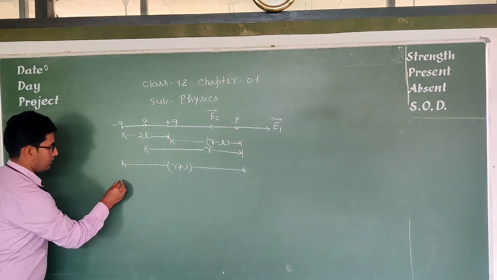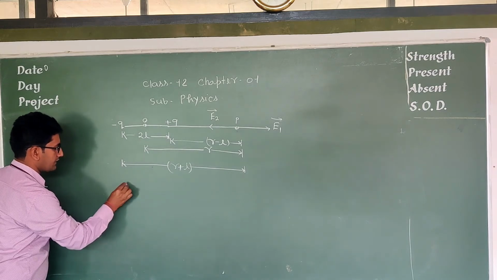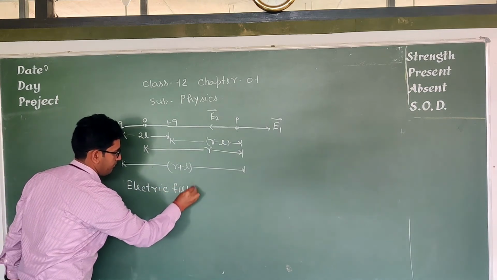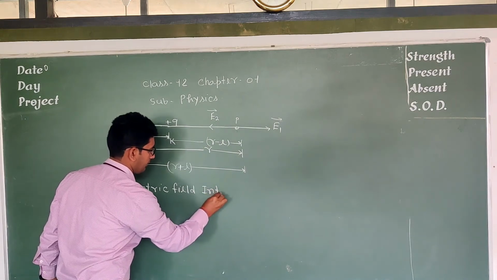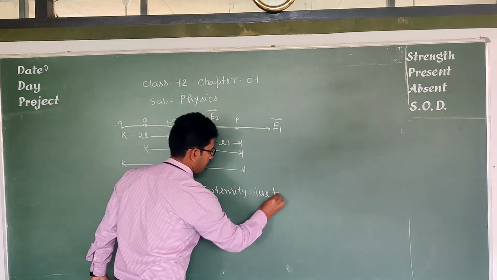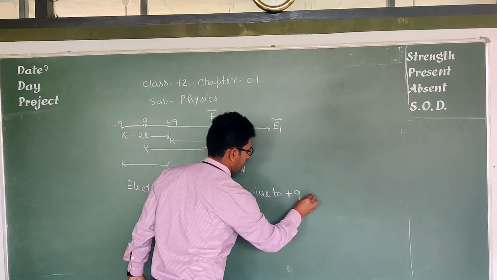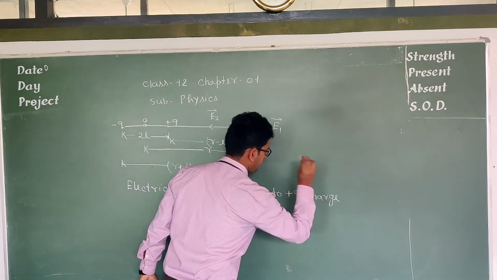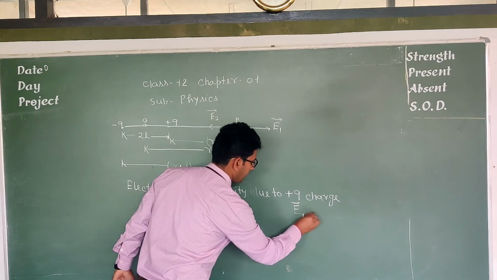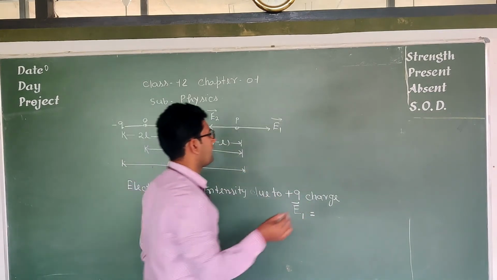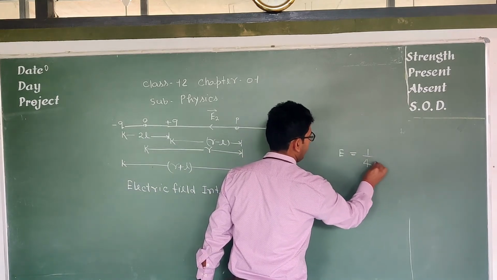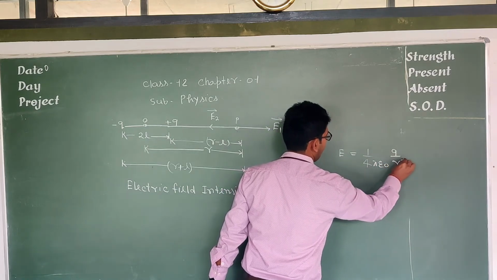So we have to write electric field intensity due to plus Q charge, that is E1, and we know that the electric field intensity due to a point charge is 1 by 4 pi epsilon naught Q by R square.